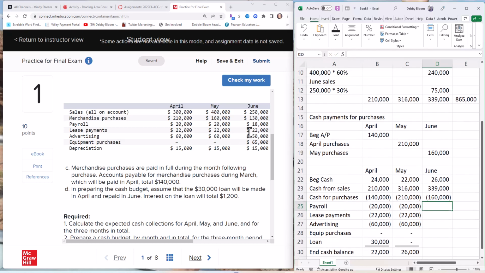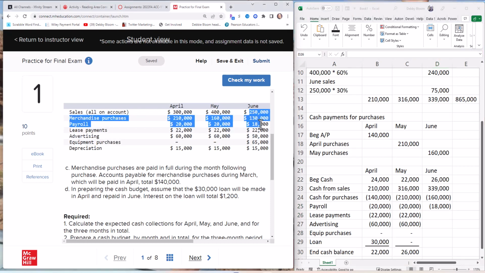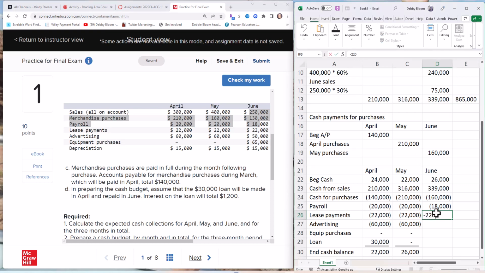We have our payroll, which is only going to be $18,000 in June. I'm just copying the numbers from the June column, right there. $22,000 for the lease payments. $50,000 for advertising. And we have equipment purchases of $65,000.